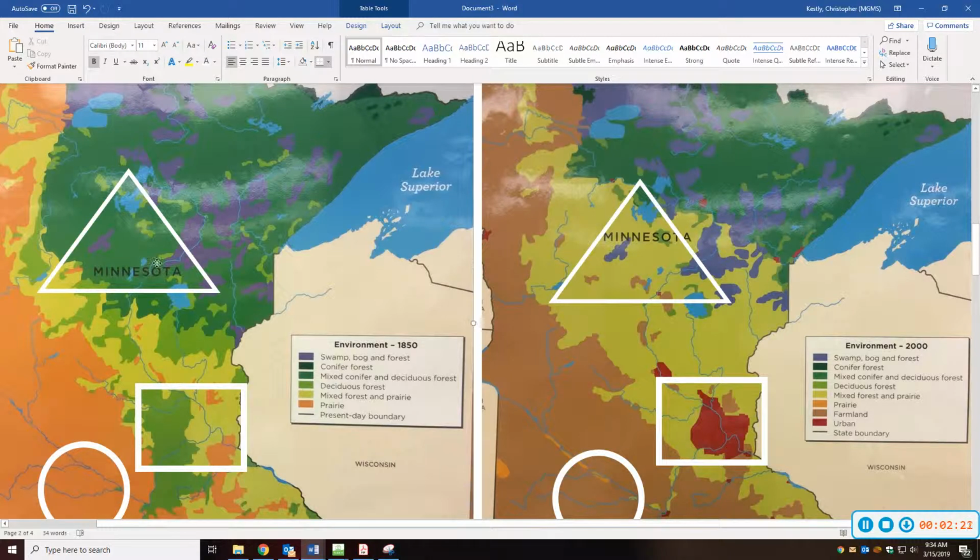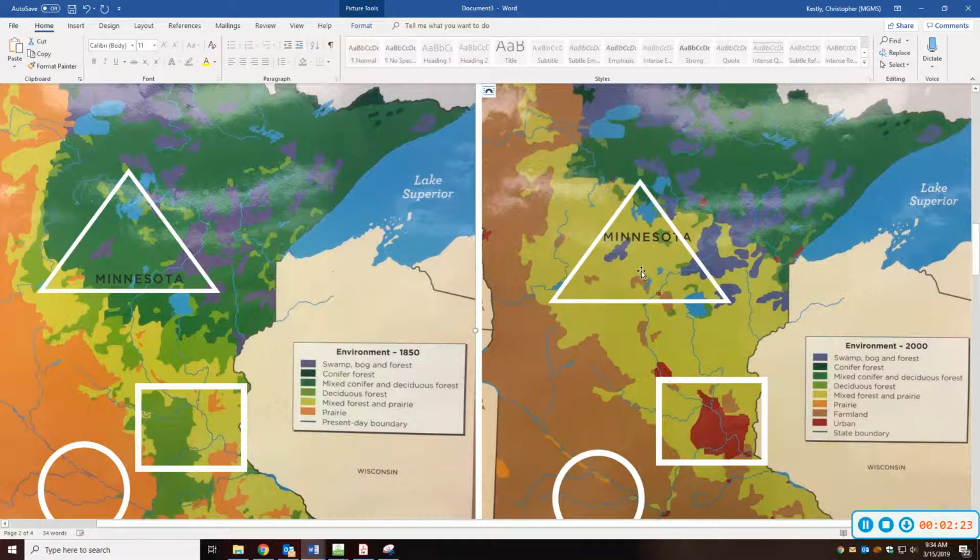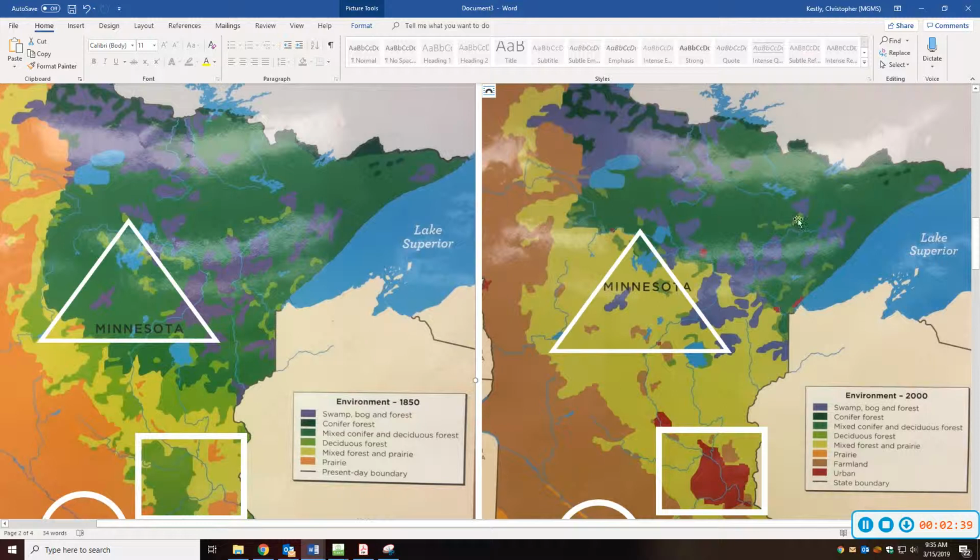Look at how much that's changed over here. Basically, most of the pine is gone. Interesting, a lot of the swamp still stays the same. We still got this same shape here and the same shape, but the pine is pretty much gone. We do have, obviously, pine in Minnesota, but there's large swaths that have changed, largely due to the logging.